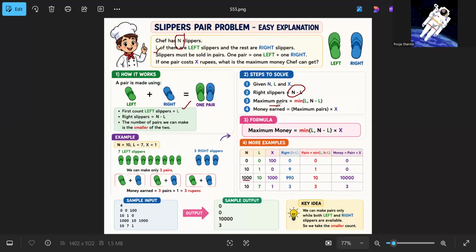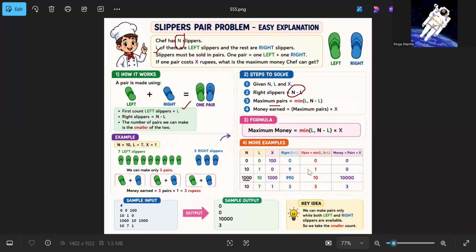You have to find out the maximum pair they can make. So the maximum pair they can make is the minimum of both left and right. And at the end, the money is whatever maximum pair you have, multiplied by x.